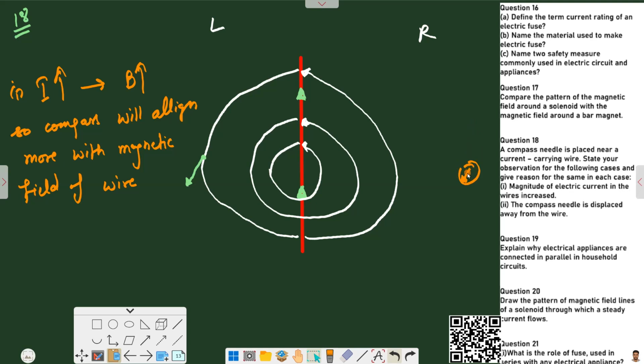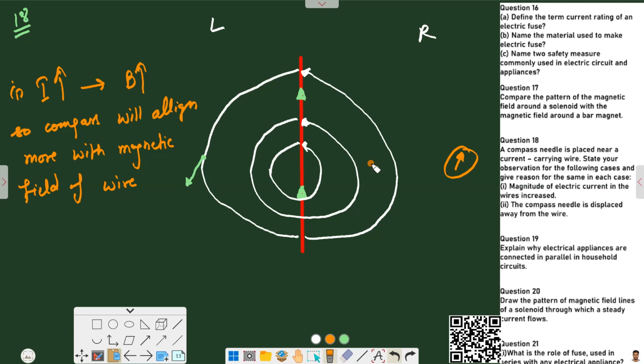So it will orient itself according to Earth's magnetic field. Suppose its new position will be like this. Due to Earth's magnetic field, it orients in this direction. As we move it into the magnetic field of the wire, it will orient according to the magnetic field of the wire.